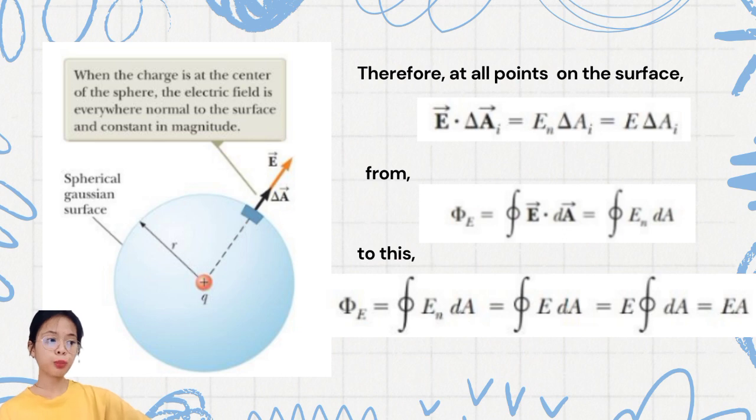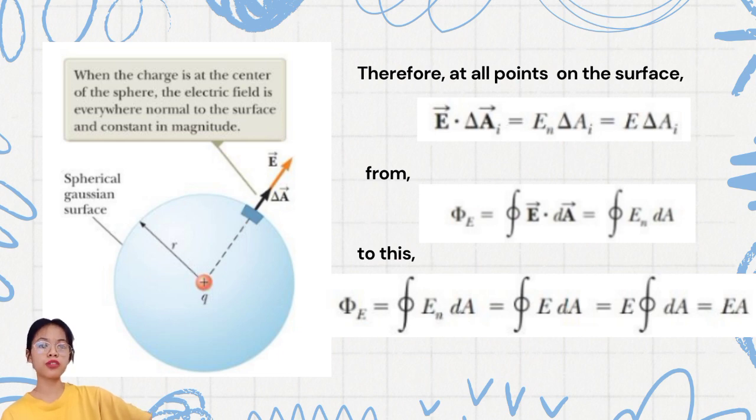At each point on the surface, the electric field is parallel to the vector dA, representing the local element of area. Therefore, at all points on the surface, the formula for this problem is as you can see on your screen.